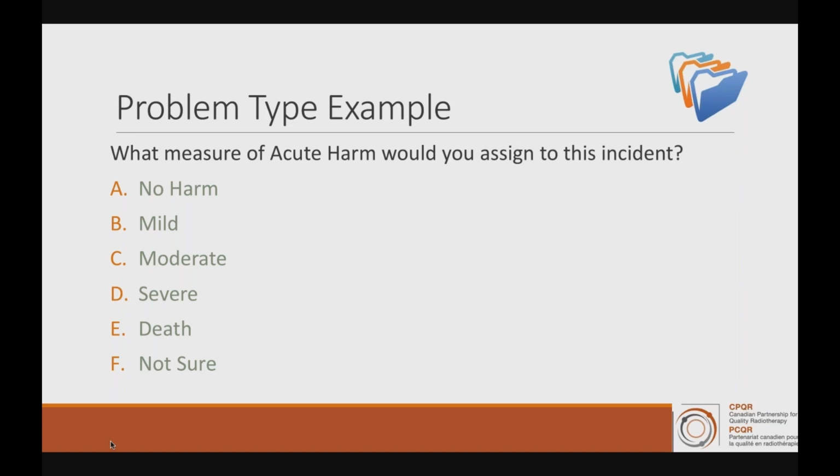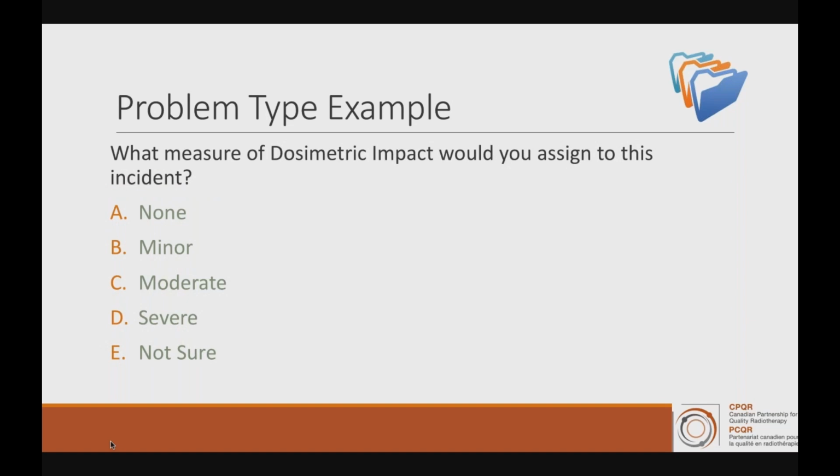No harm, mild, moderate, severe, death, not sure. So the patient did receive some dose. So we'll call it no harm. There wasn't a lot of detail in that description, but it wasn't the largest dose that the patient received to the area. So we'll assume that there was no acute harm in that instance.